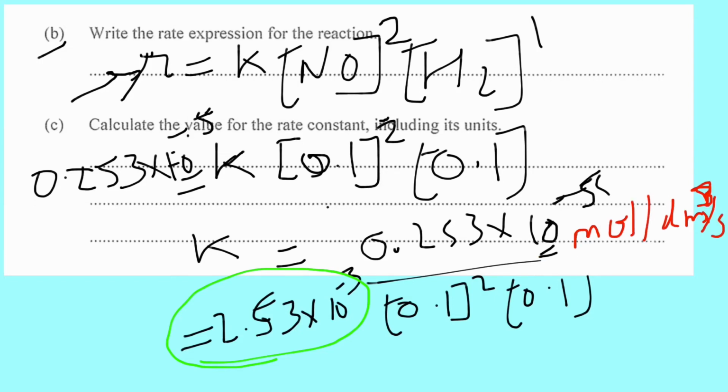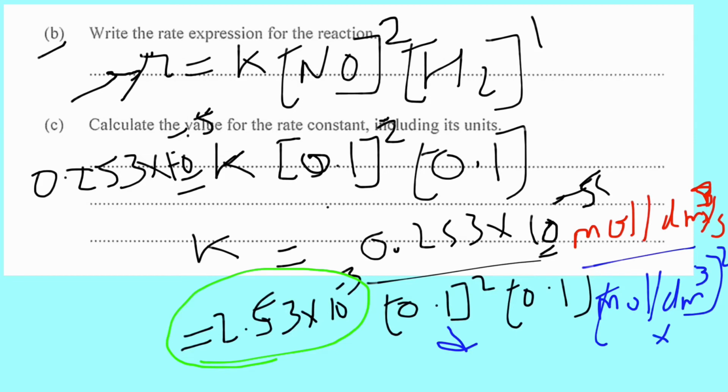The unit of this 0.1 is mole per dm cube, whole square. Then this also is mole per dm cube, only once because it is only one time.